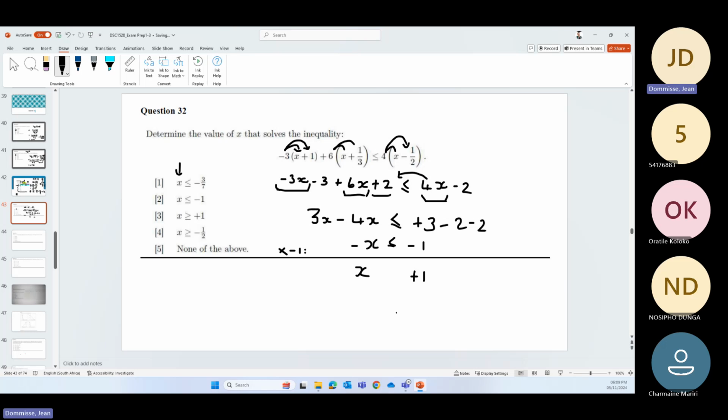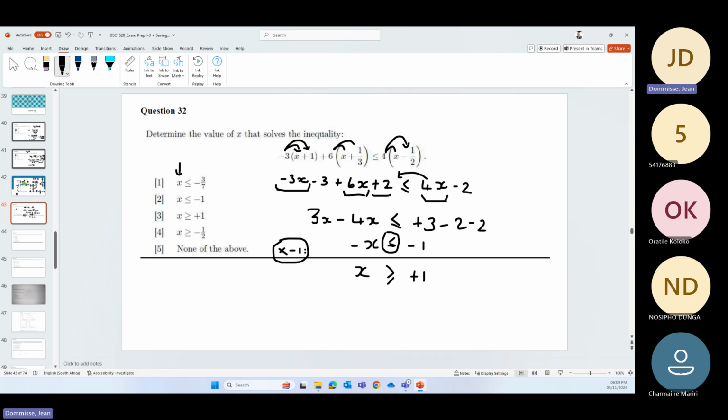Now the critical thing when we multiply by a negative number is that this sign also needs to swap around. That's the important rule here: when we multiply throughout with a minus, the smaller than becomes bigger than.